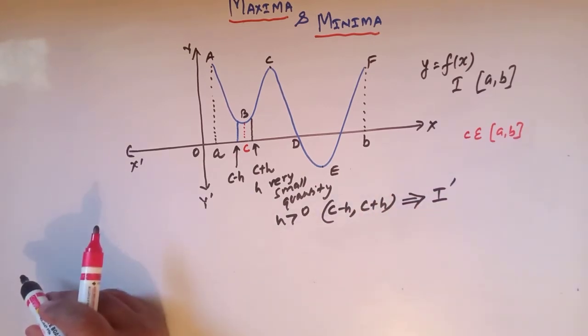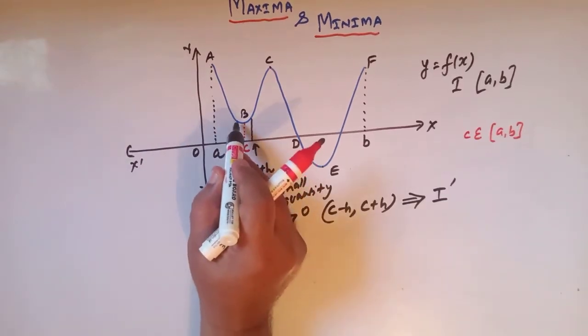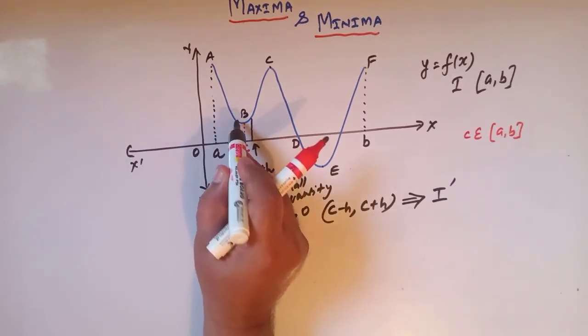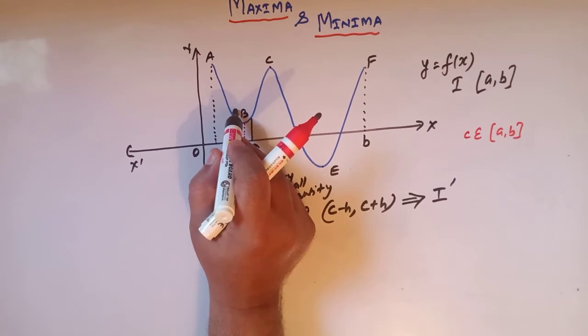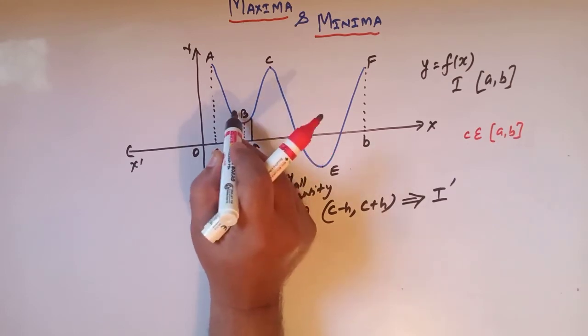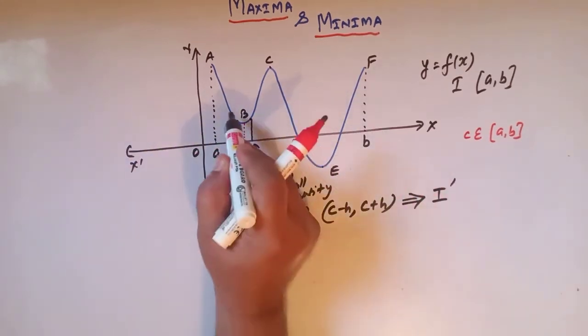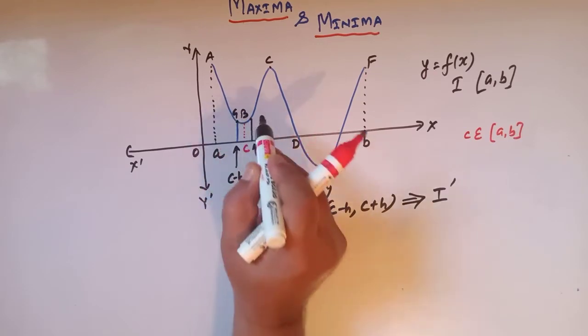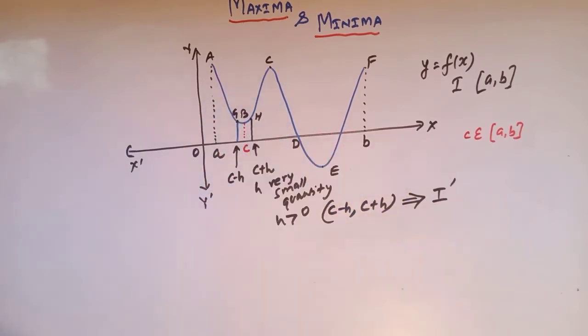Clear? Now the points are A, B, C, D, E, F. Say this point is G, and this point is H.